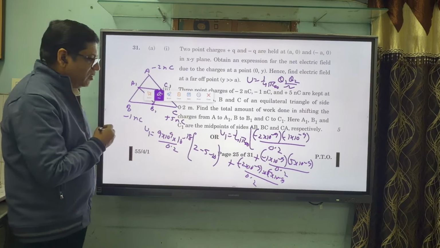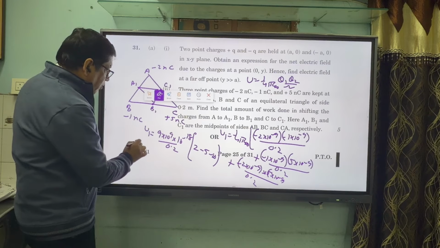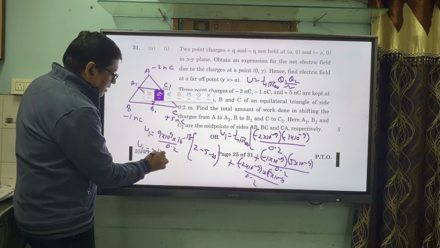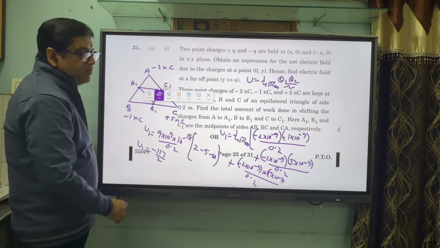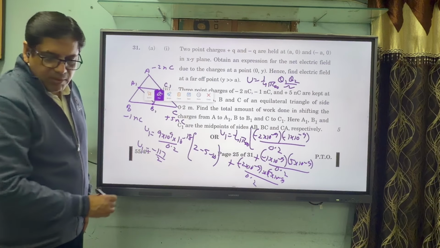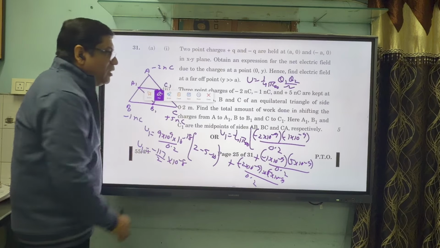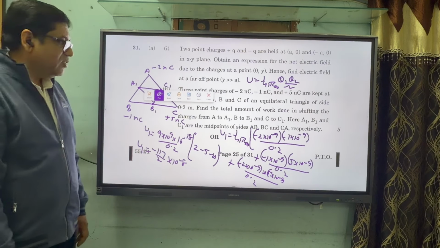So that is -13 basically. So this will come out to be -13 into 9, -117 by 2 into 10 की power -8. This is the initial potential energy. On solving you get this initial potential energy.